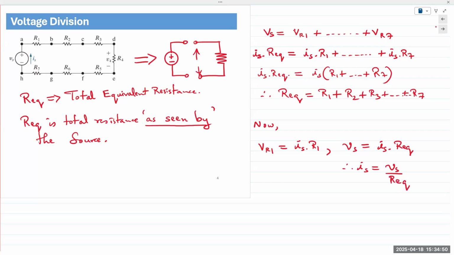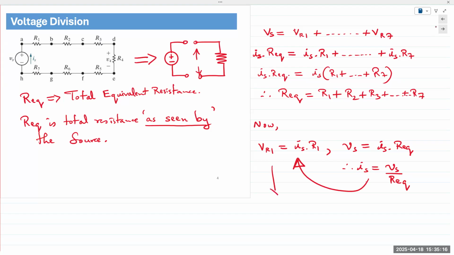Rearranging the terms using Ohm's law, the total current IS is the total supply voltage VS divided by the total resistance Req. And all we do is substitute this into each and every single equation for the resistor voltages and rearrange the terms.